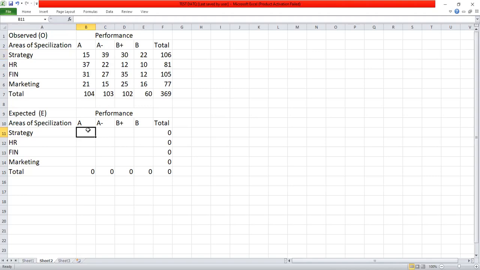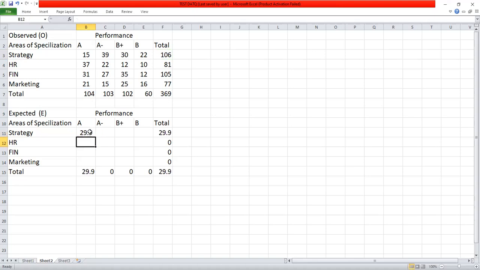This is a very simple procedure. You multiply the intersecting totals. So I come to cell 1 here. What are the intersecting totals here? They are here: 104, multiplied by 106, then divide by the grand total. What's the grand total? 369.